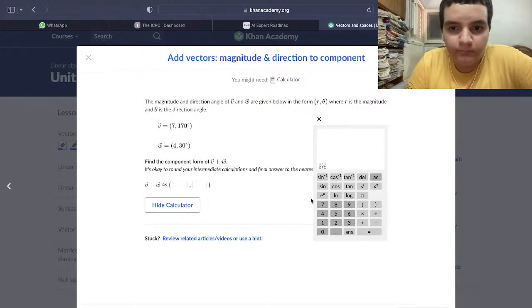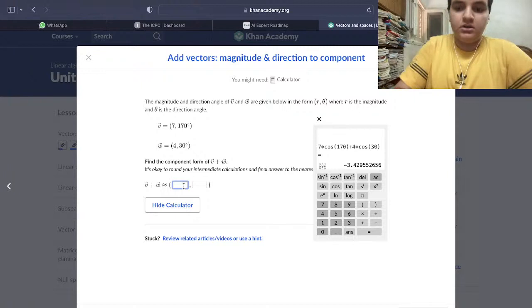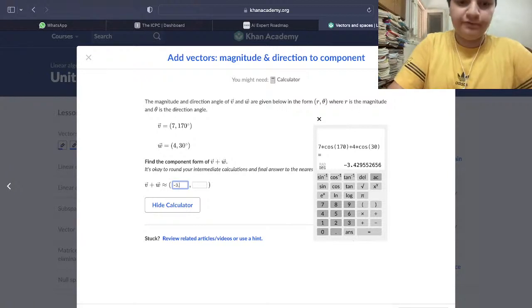So we want 7 by cosine 170 plus 4 by cosine 30. Negative 3.42.